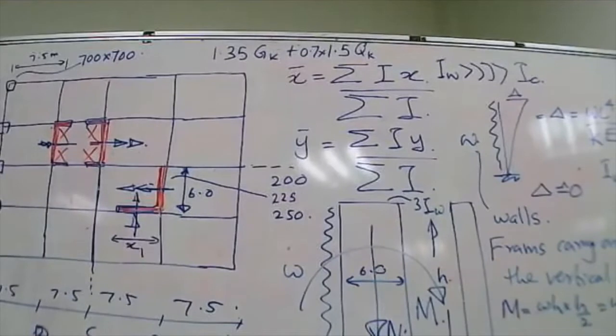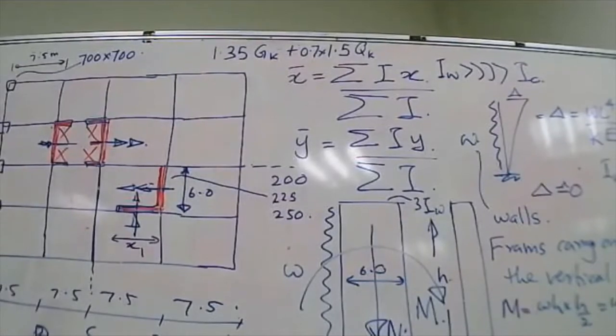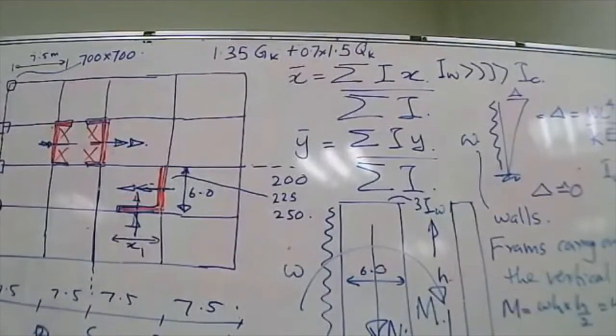So we have the dominant action and the secondary action. In this case, dominant action is the wind, and so we get 1.5 times wind. And we also have the secondary action, the imposed load, so we get 0.7 times 1.5. For the dead load, we always get 1.35.